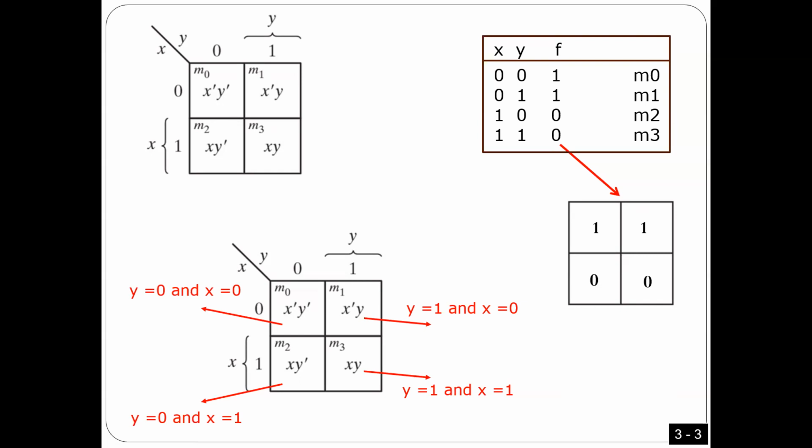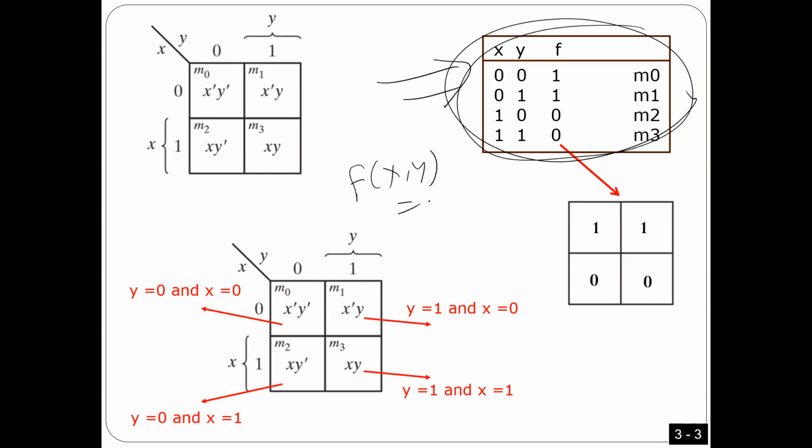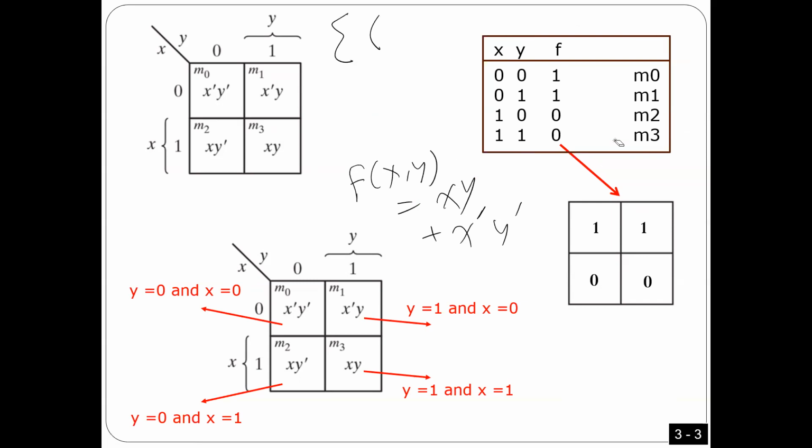All you have to do, number 1, this is a function I have. Remember, I told you I can give you the function in 4 different ways. I can give you a truth table for the function, or I can say f of x and y is equal to something like xy or x prime y prime. This is the second way. The third way, I can give you the min terms using summation of 0 and 1.